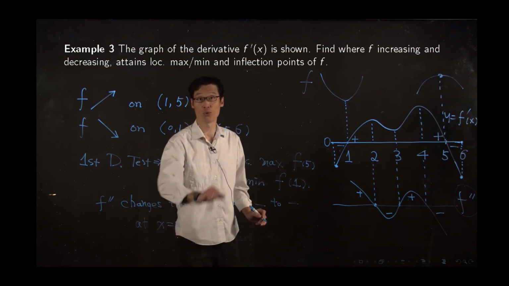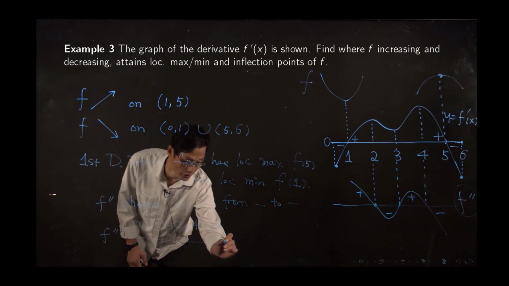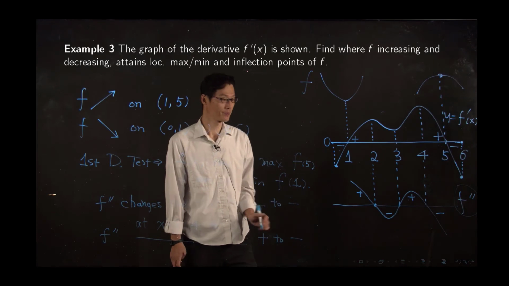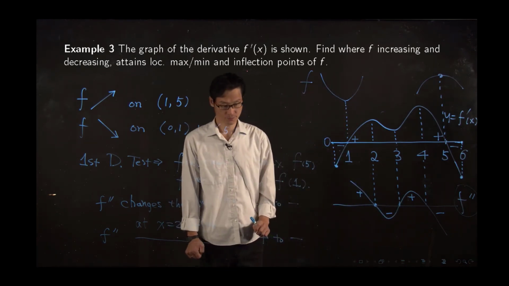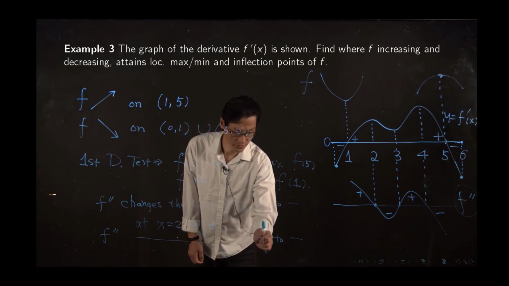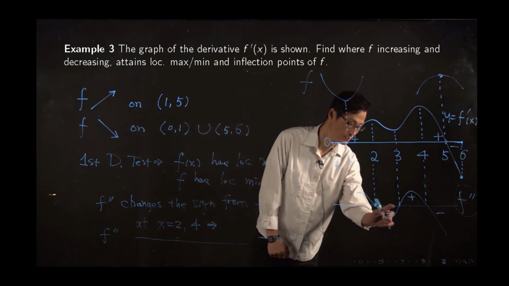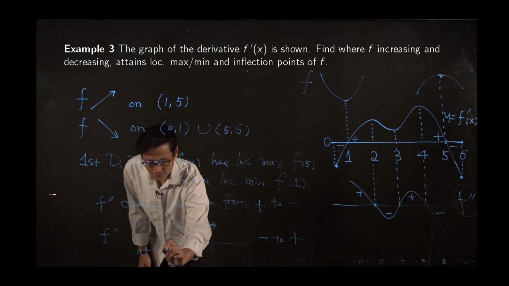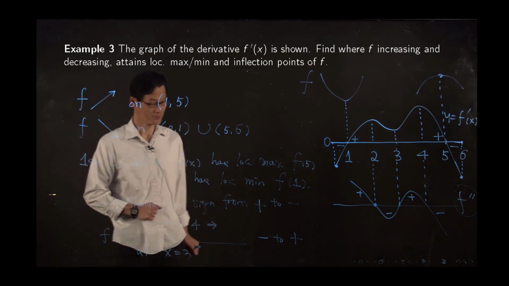So we have inflection points where f double prime changed its sign from positive to negative, and then negative to positive at 3. So we have 3 inflection points.